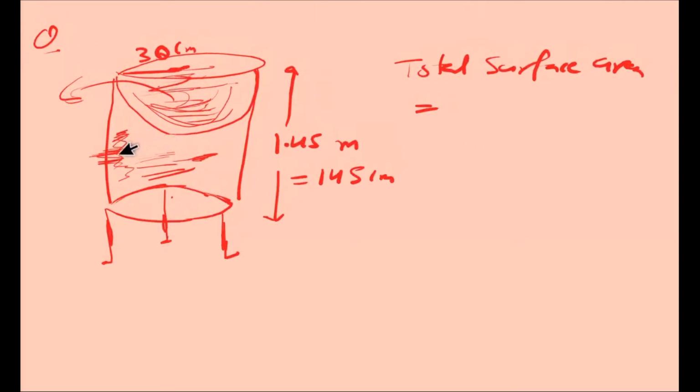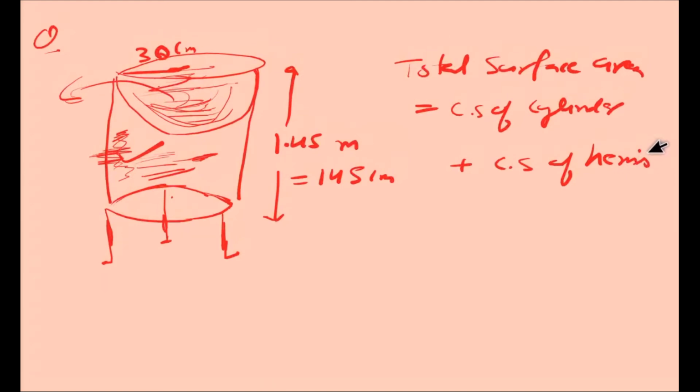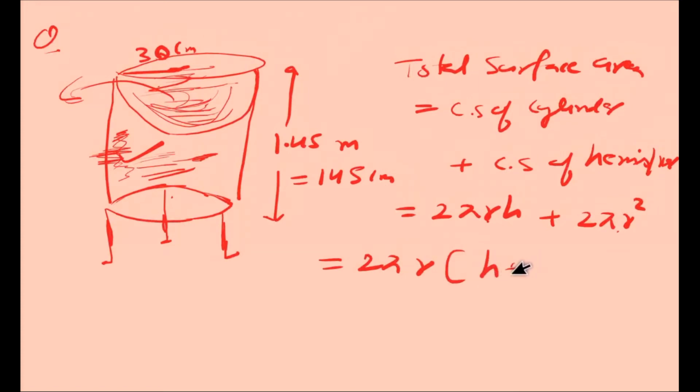So you can say the total surface area is curved surface of cylinder plus curved surface of hemisphere, right? Curved surface of cylinder is 2 pi r h plus 2 pi r square. R is same, so we are writing together here. Now you can take the common 2 pi r and h plus r.